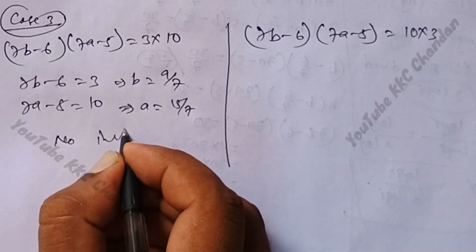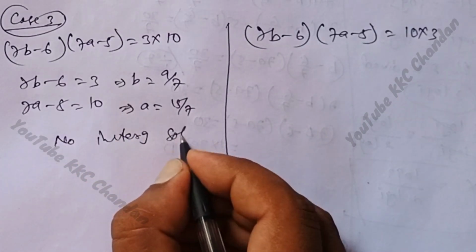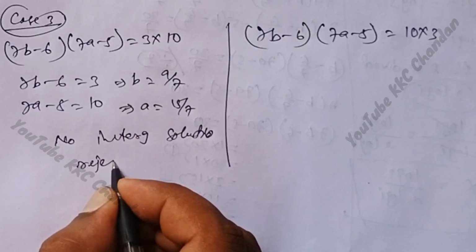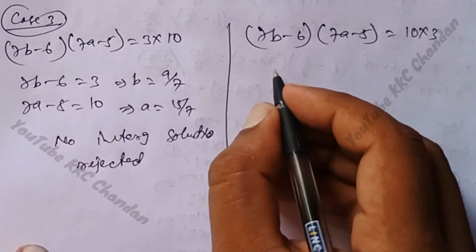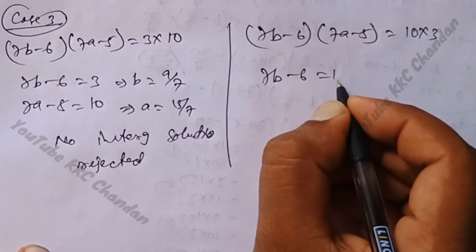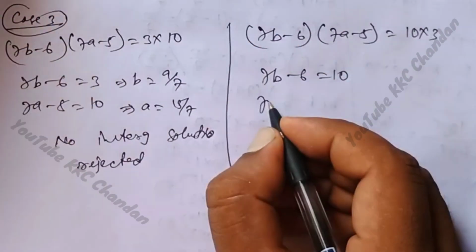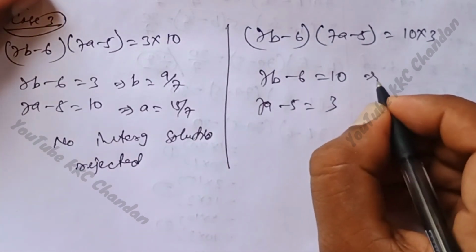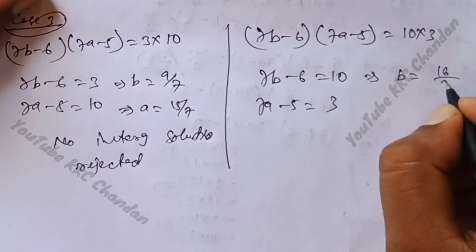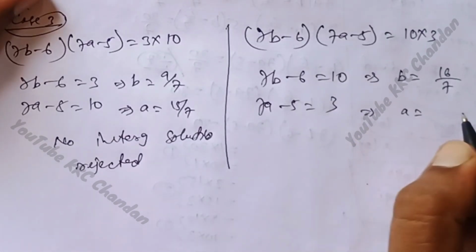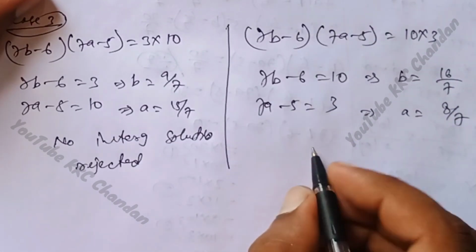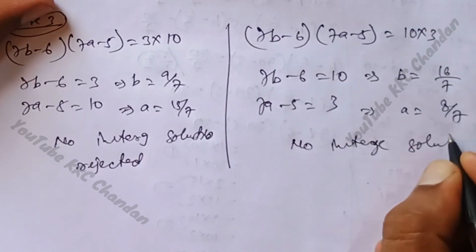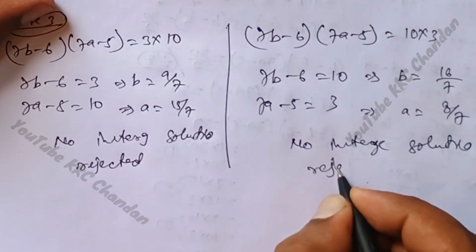No integer solution, so they will be rejected. Here 7b minus 6 is equal to 10 and 7a minus 5 is equal to 3. Here b value is equal to 16 divided by 7 and a value is equal to 8 divided by 7. So no integer solution. They will be rejected.